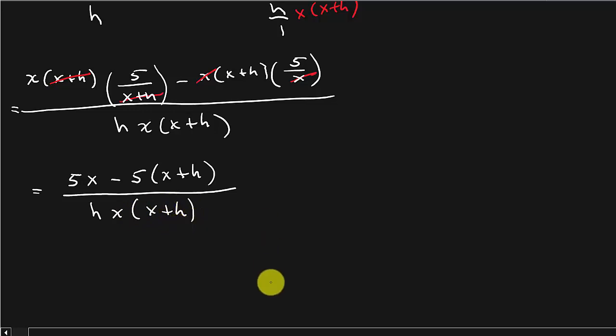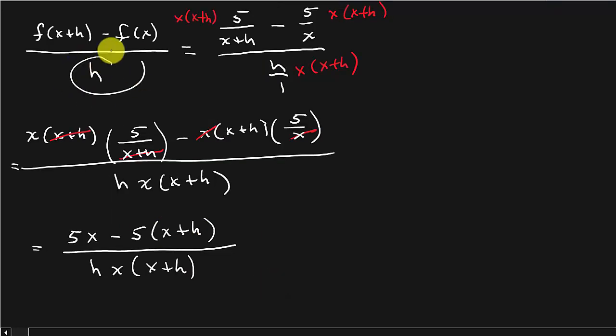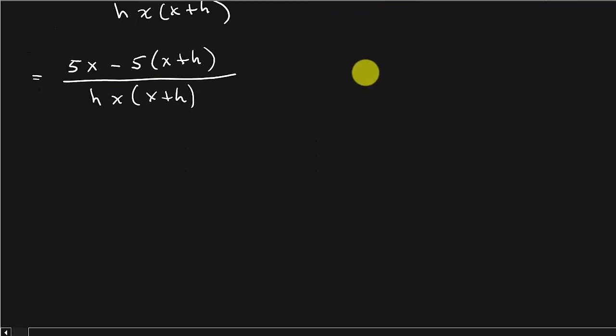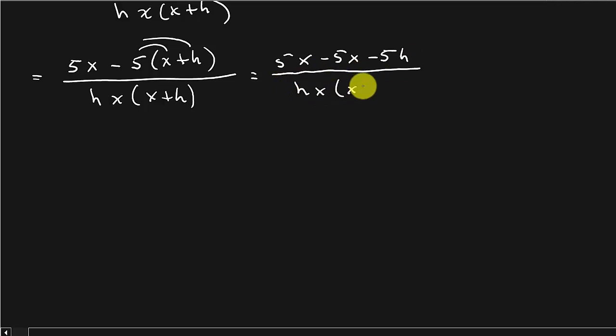Now remember, what we're trying to do is we're trying to get this h out of the denominator, which is this one right here. So this is going to give me 5x, and then I distribute minus 5x minus h. Nope, I'm sorry. Minus 5h over h times x plus h.